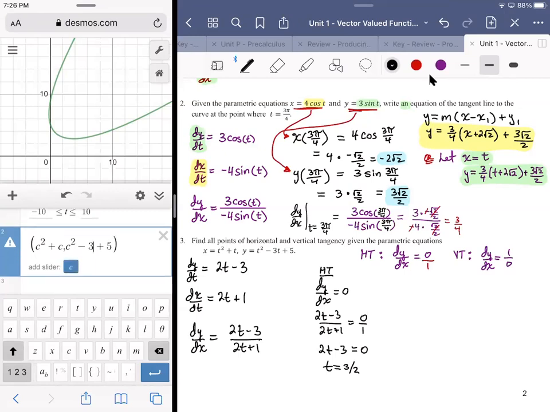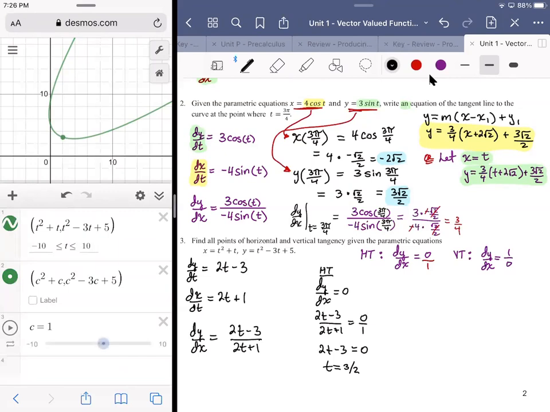Then replace all your c's with t's. Sometimes it's easier to just type it in again, but I didn't want to do that. Just double check that you didn't screw something up. That's really me directing that comment at myself. And then just take a look and see where we're at when c is equal to 1.5.